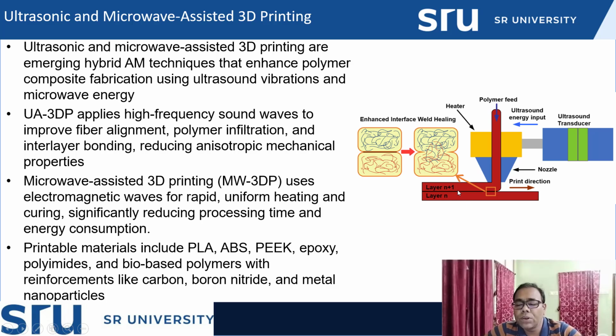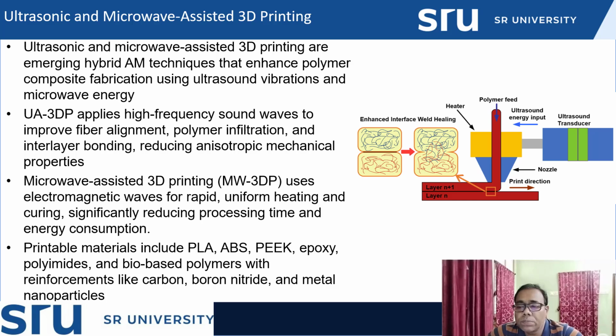Similarly, the uniform distribution of any foreign particle is used for making the composite material. Here you can see, without ultrasonic vibration of the reinforcement, and with the ultrasonic vibration, you can see uniform mixing of all the material taking place in the binding material or matrix material and the reinforcement material.